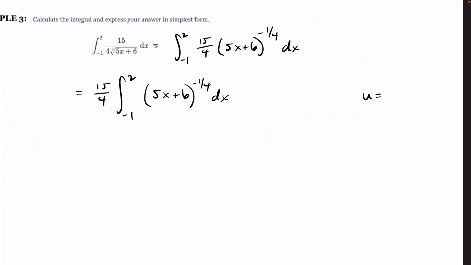U substitution. Well, there's only one thing left, it's just 5x plus 6 to the -1/4. So 5x plus 6 is going to be my u. Du is going to be 5 dx.